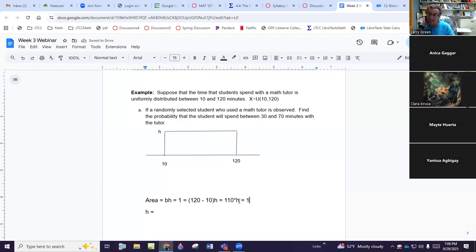So if I want to get H by itself, I divide by 110 on both sides. And I get H is 1 over 110. Any questions on the basic geometry and basic algebra? Nothing too fancy.